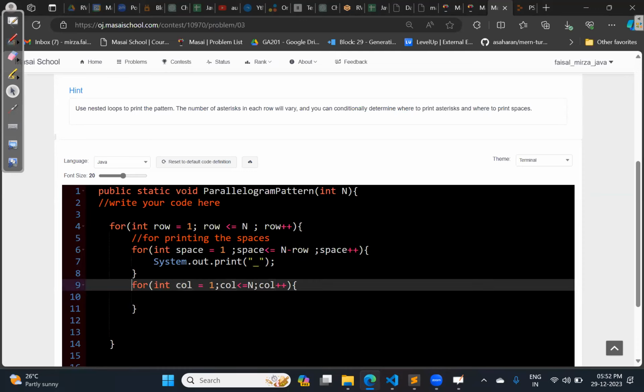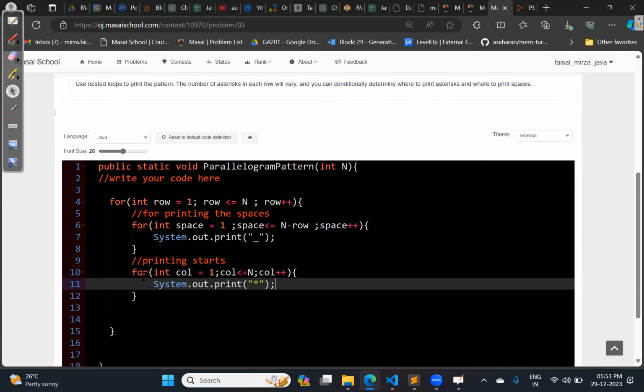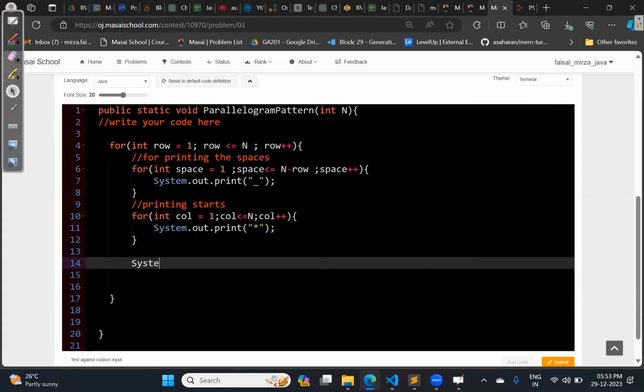This loop is only for printing the star. Then System.out.print star. Then we need to shift the control to the next line as well. How?